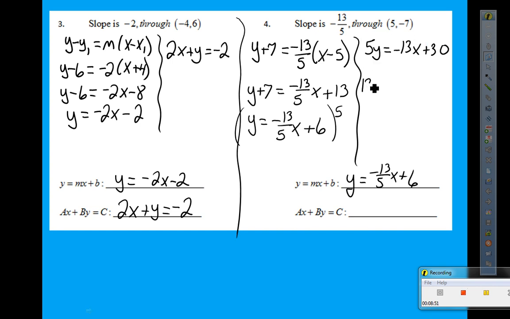So I've got positive 13x plus 5y equals 30. Let me make sure it's in standard form. X and y are both on the left. Check mark. The a value is positive. Yep. No decimals, no fractions. And there is no number that goes into all of them. So in standard form, 13x plus 5y equals 30.